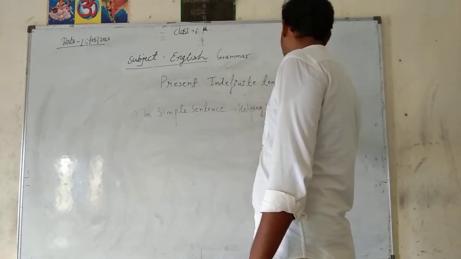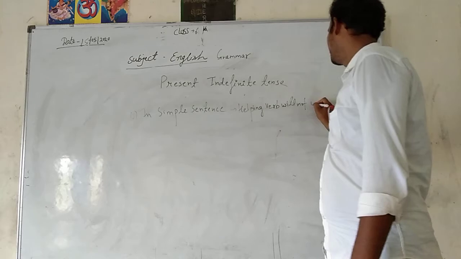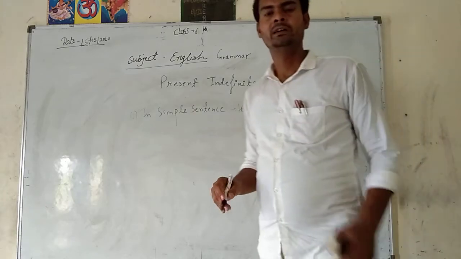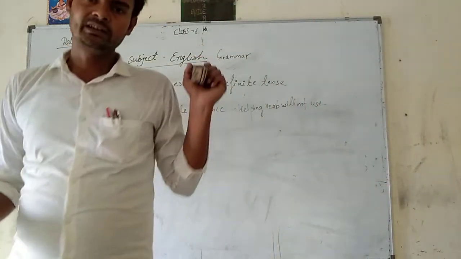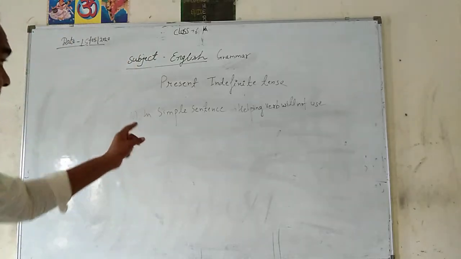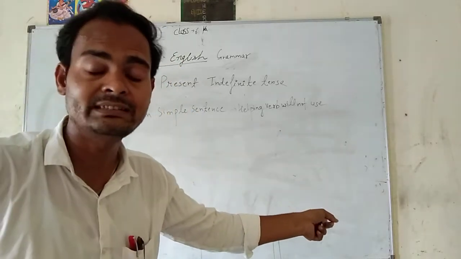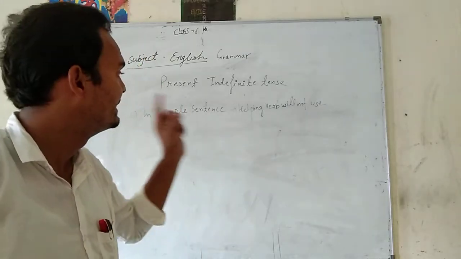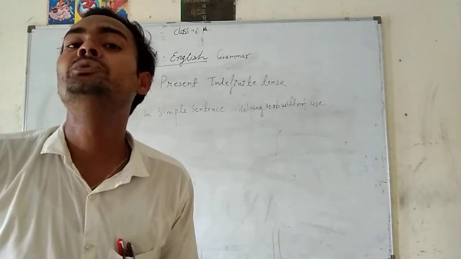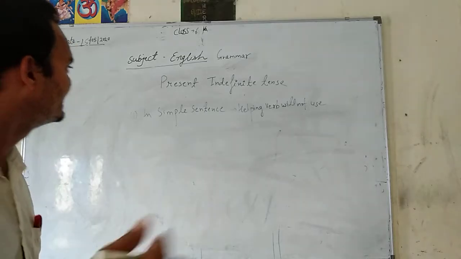Helping verb will not be used. I have discussed how we can recognize a simple sentence. If there is a simple sentence of present indefinite tense, the first rule is that the helping verb will not be in use. Okay, like he plays.